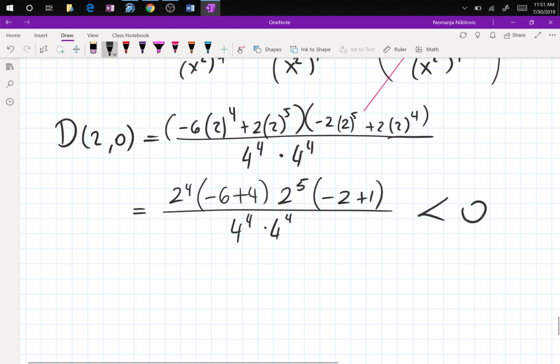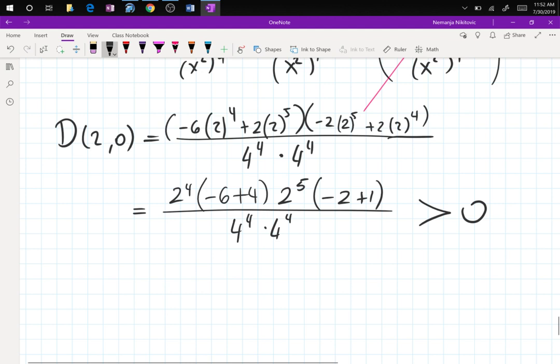Less than 0. Saddle. Done. Because what is positive? Larger than 0. No. Positive times a negative times a positive times a negative.